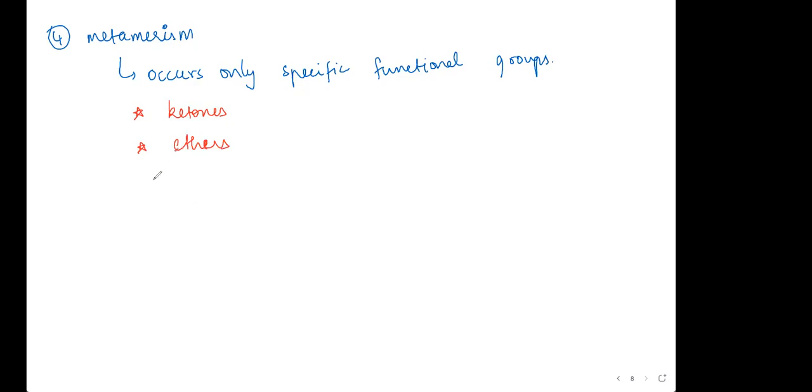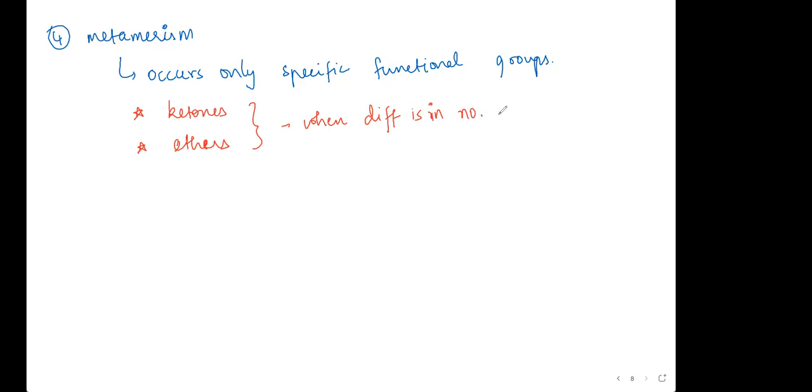Okay. So metamerism is basically when the difference in structure is in the number of carbon atoms that are there on both sides of the functional group.